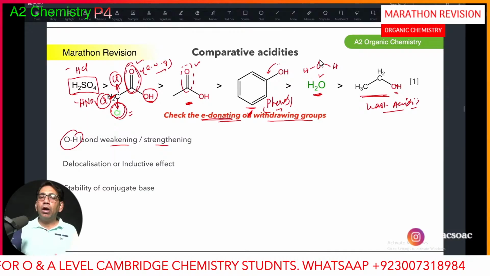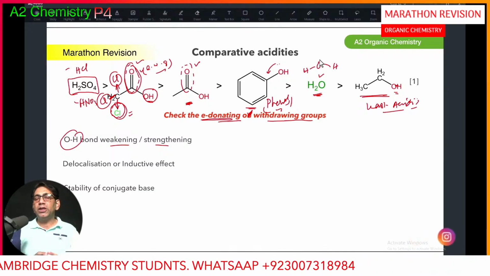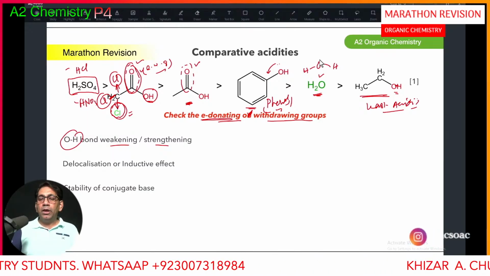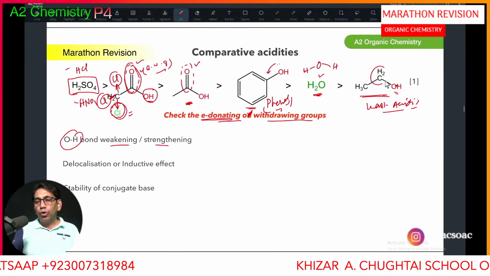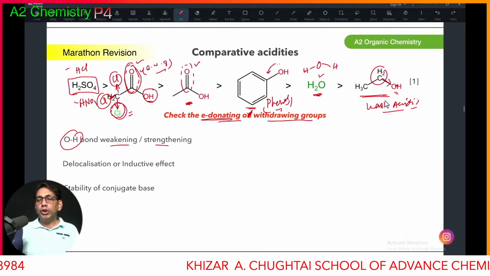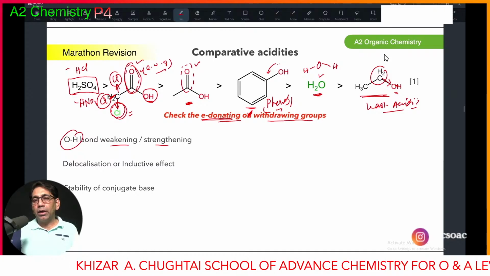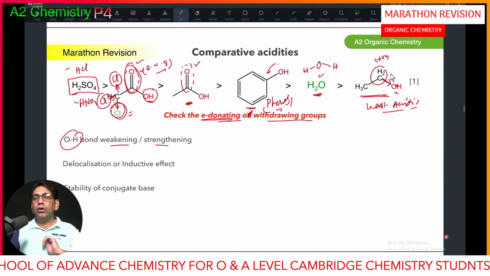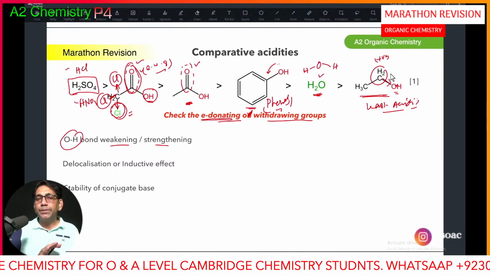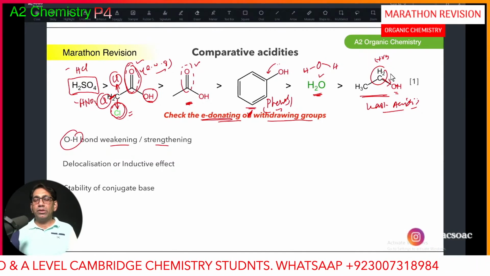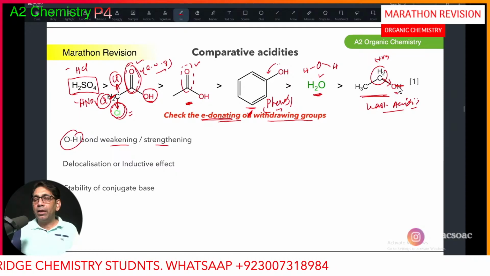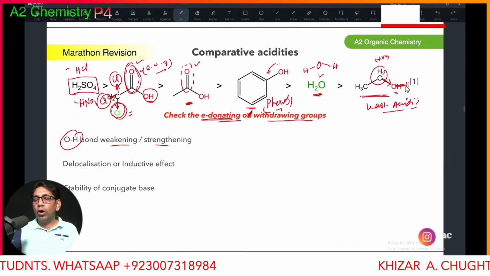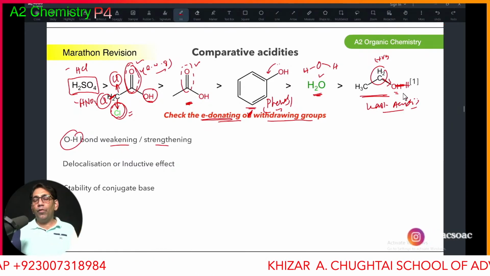It is a normal neutral species, just for the sake of comparison. And this CH2 group, as I told you, shows a positive inductive effect. It is pushing electrons from its side towards oxygen. So it is going to make the OH covalent bond stronger.